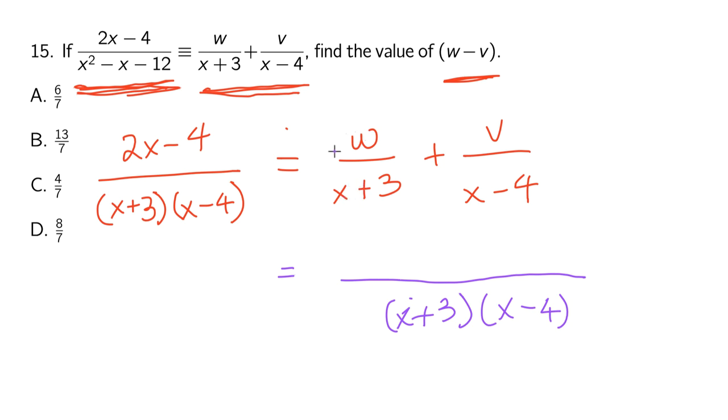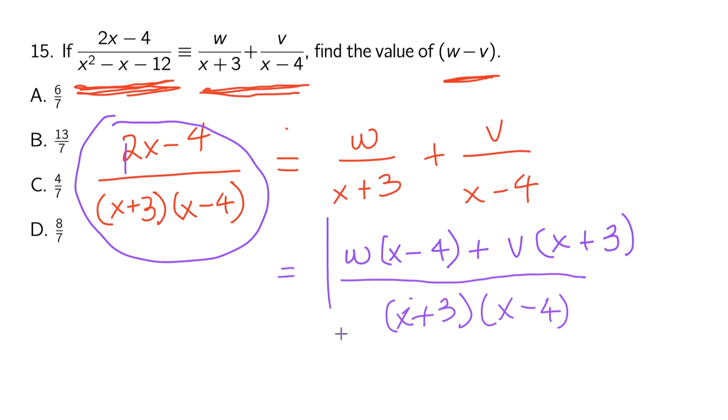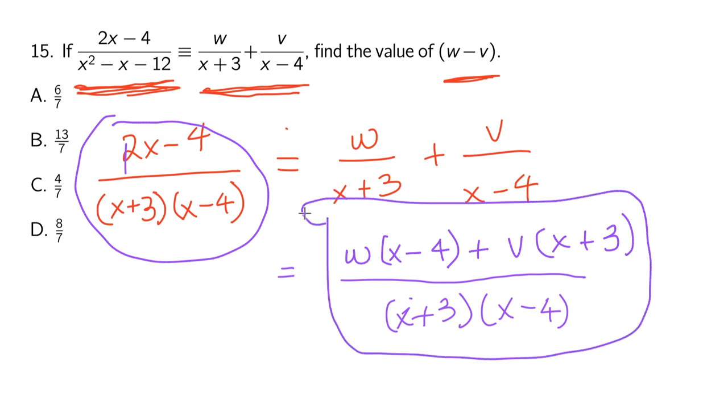So this becomes w, this x plus 3 cancels and you're left with x minus 4, so w times x minus 4, and then you have this one, x minus 4 cancels that, so you have v times x plus 3. Now when you write this equals this, you observe that the denominators are the same. Actually, the equals here is 3 lines. It means that they are equivalent. It's an identity.